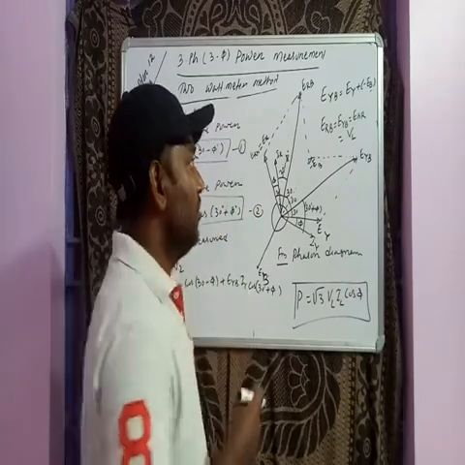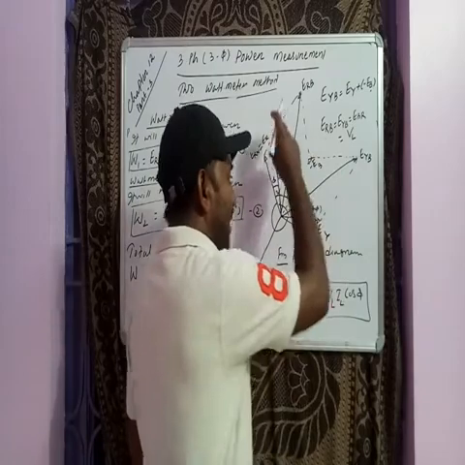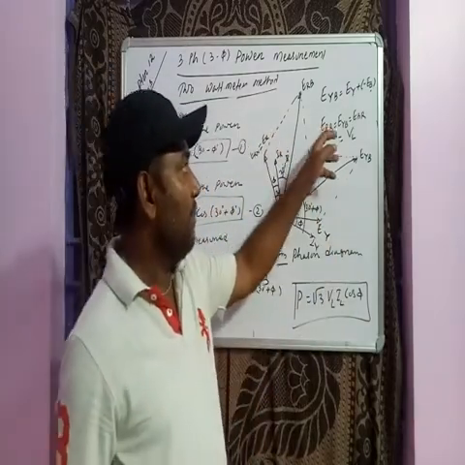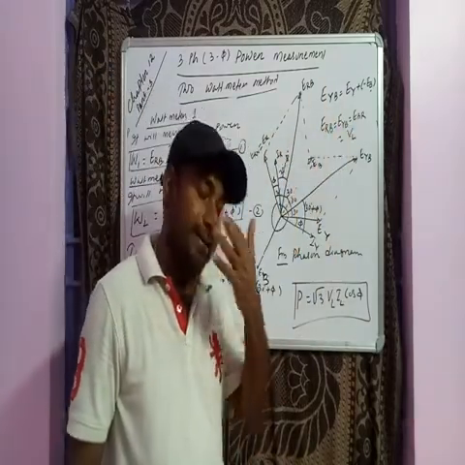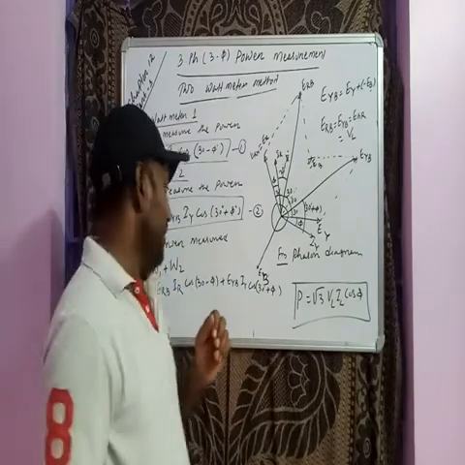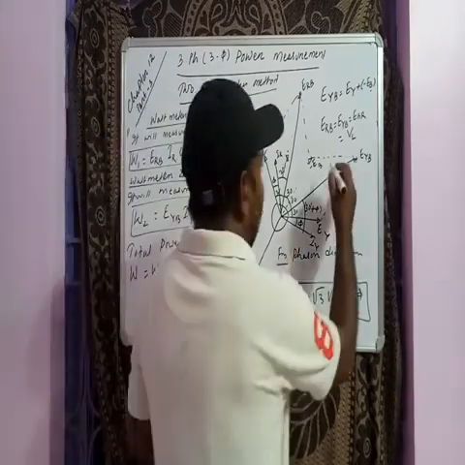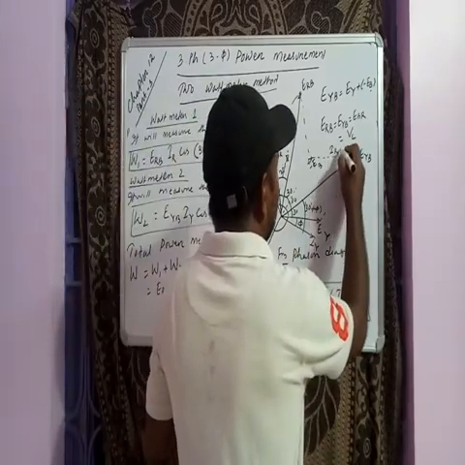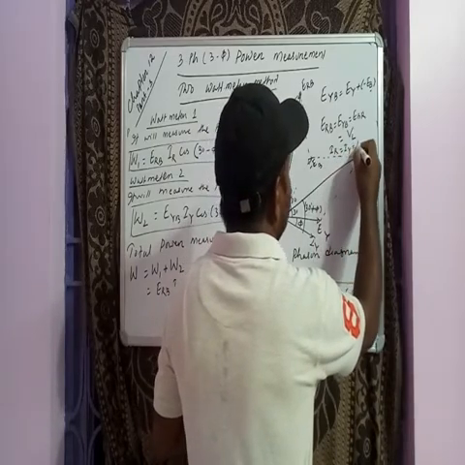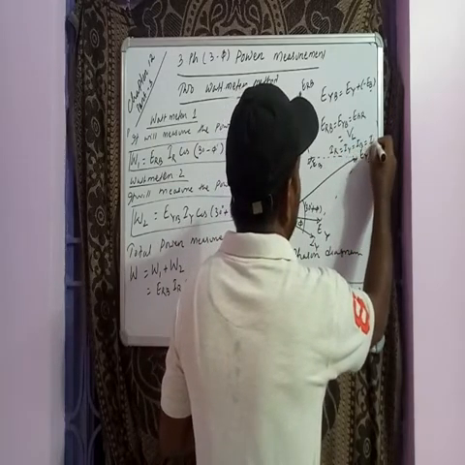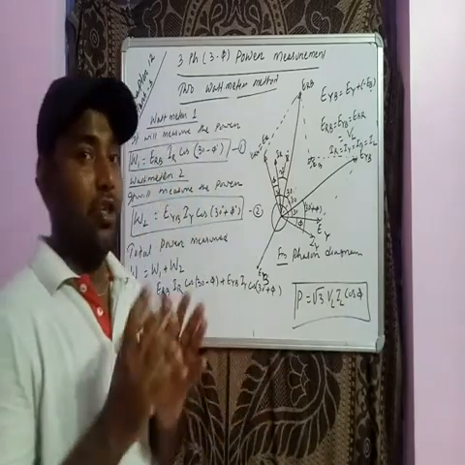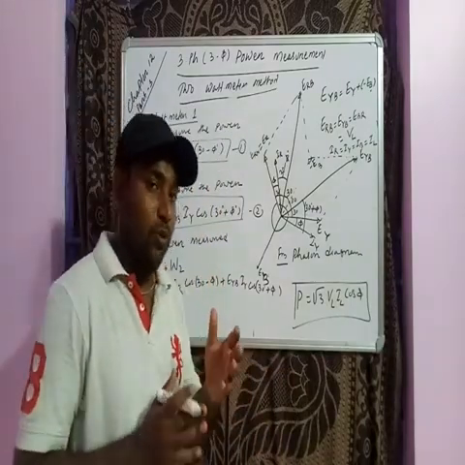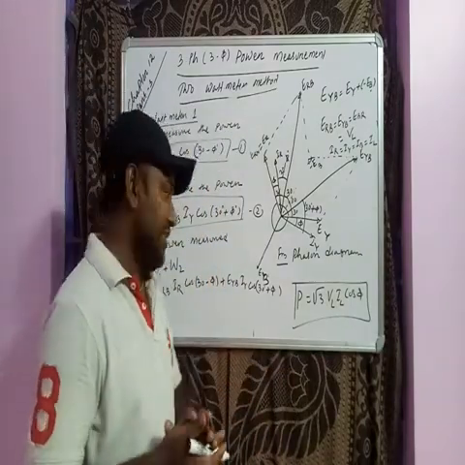line voltage. Since it is balanced load, the magnitude of all three voltages will be same, so it is VL. Similarly, IR is equal to IY is equal to IB, that is your IL, the line current. In case of a star, you know line current and phase current is same.